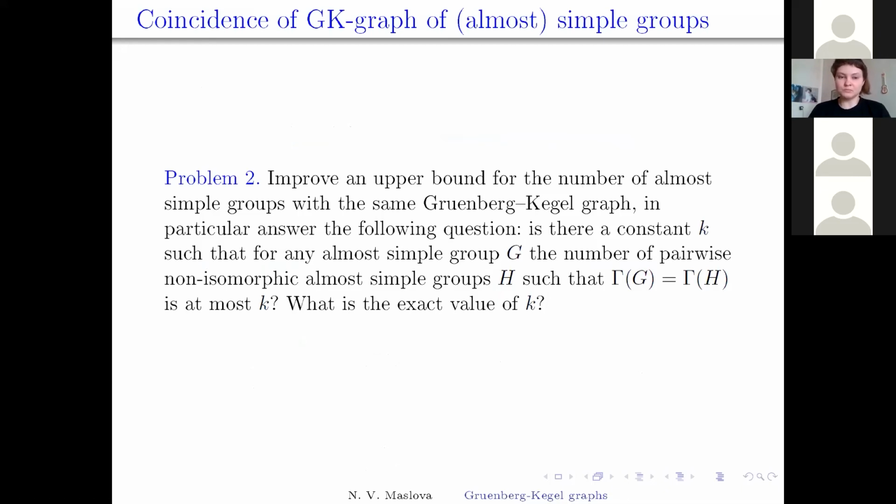of almost simple groups with the same Gruenberg-Kegel graph, and in particular to answer the question: is there a constant k such that for any almost simple group G there are at most k pairwise non-isomorphic finite almost simple groups with the same Gruenberg-Kegel graph, and what is the exact value of k?